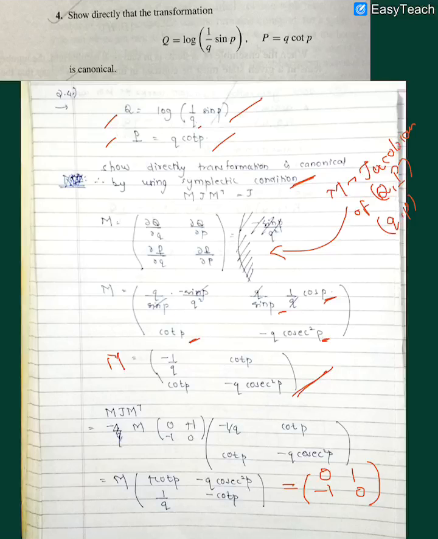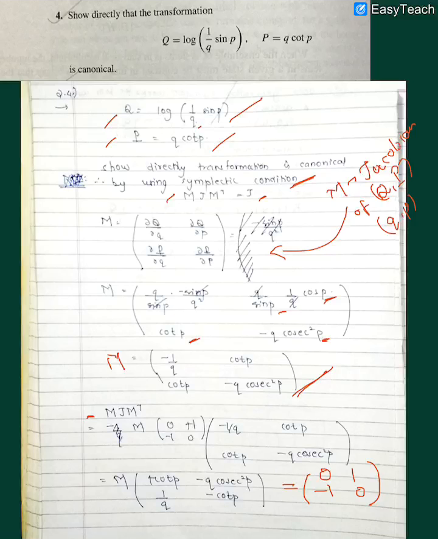Now, in classical mechanics, if our Jacobian matrix follows the symplectic condition, then the transformation represented by this Jacobian is canonical. I am taking the left hand side of this condition, M into J into M transpose.